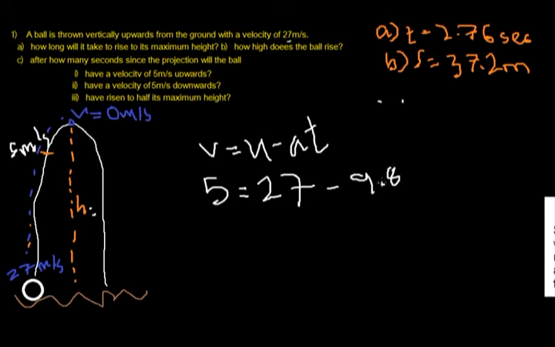It is a constant, multiplied by t, which is unknown. We are to calculate the time it took for the ball to reach the velocity of 5 meters per second.